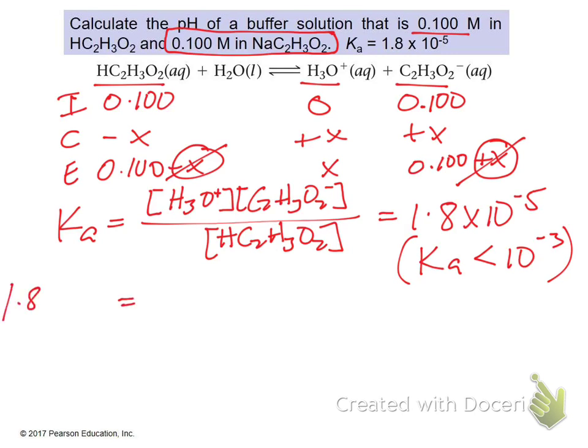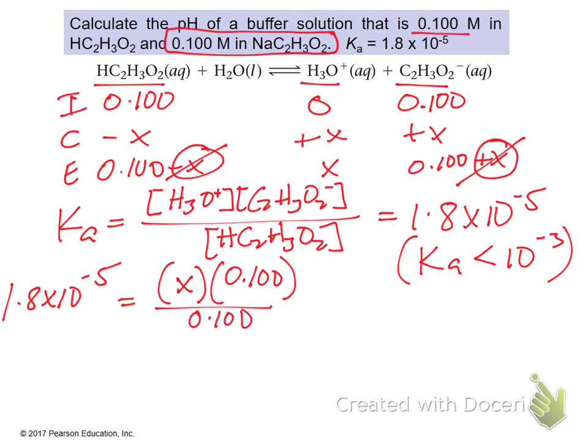Ka is 1.8 times 10 to the negative 5, which is equivalent to the concentration of H3O plus. In this case, we have x times the conjugate base divided by the acid, which is 0.100. So you can see that 0.1 will cancel, and that gives us the value of x.